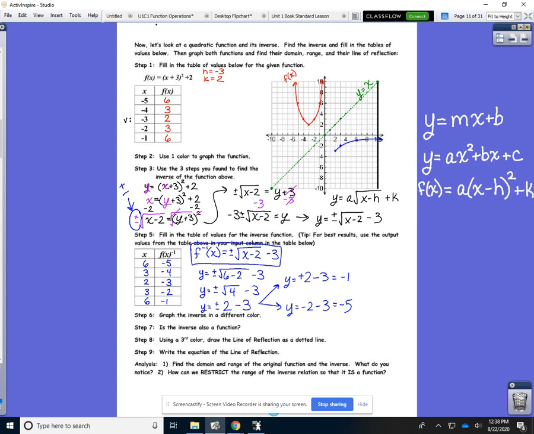If you don't remember learning about that, we'll talk a lot more about this as the semester goes on, but we like this format better than standard form because it just gives us more information. So if you have a square root function, it's written in the form a radical x minus h plus k. So this is just kind of the proper way to write things.